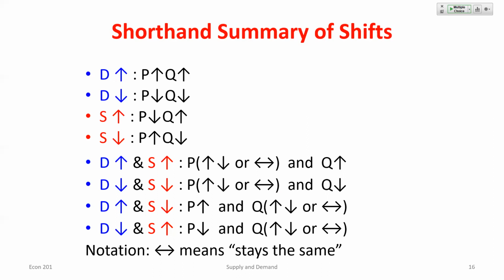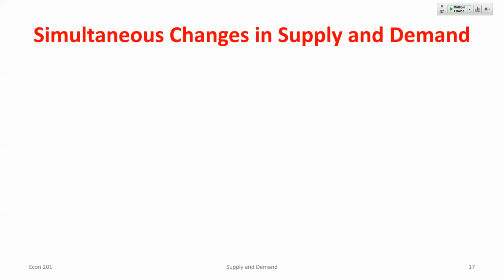So they both force equilibrium quantity to increase, but they have opposite effects on price. Since both changes happen at the same time, equilibrium quantity will increase, but the change in equilibrium price is indeterminate. It depends on which effect is larger. This is the shorthand using arrows, but I'll draw it graphically as well.